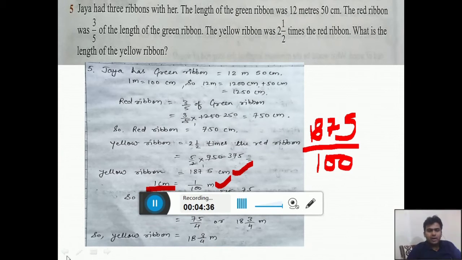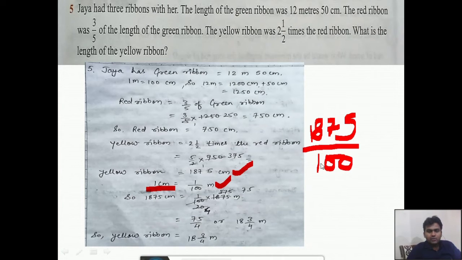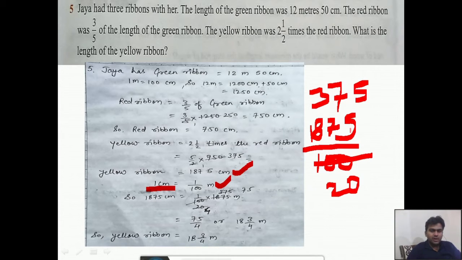So divide this 1875 by 100. To simplify, we can cut it by 5. 5 twos are 10, so we are left with 20. Now when we cut this, we get 375 upon 20.